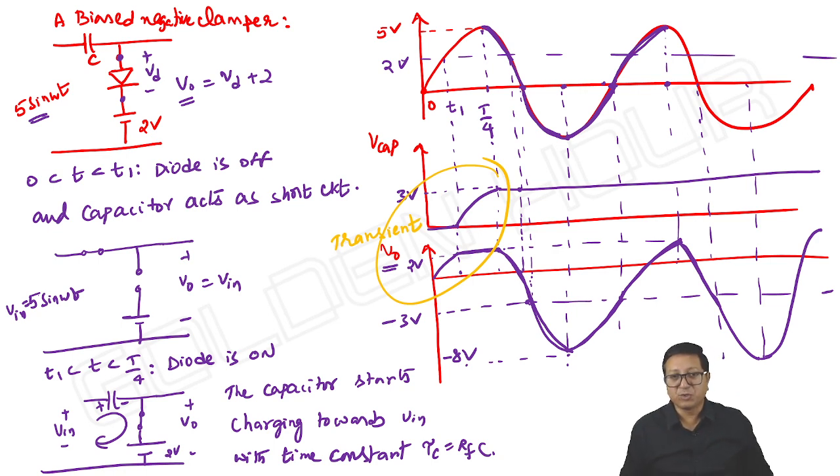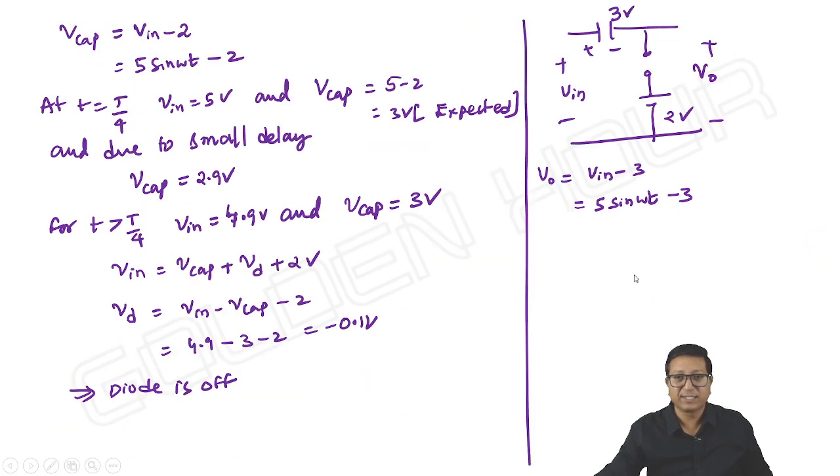So if you observe the output, it is a 5 sine omega t signal appearing with respect to -3. Is it not so? In steady state, I can say 5 sine omega t is appearing with respect to -3.